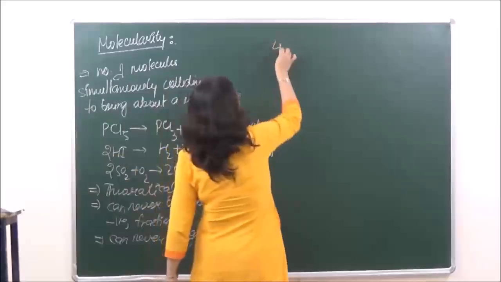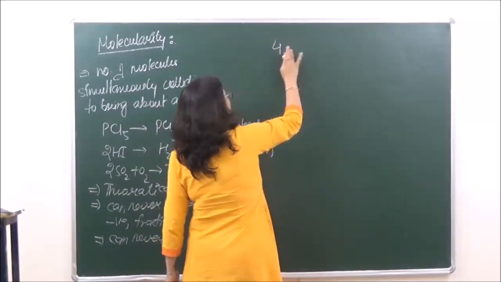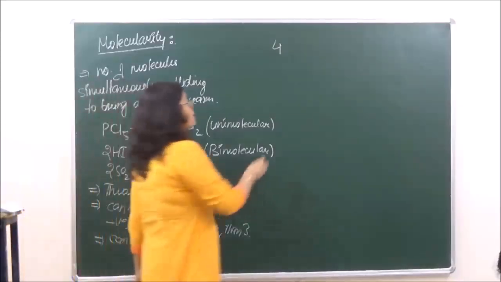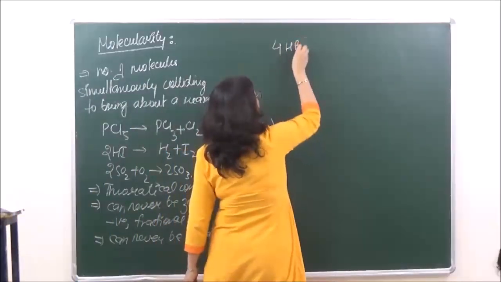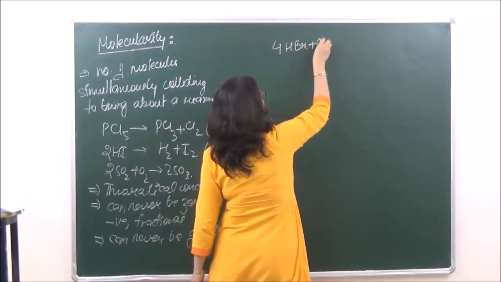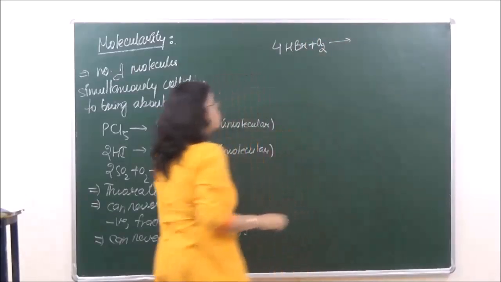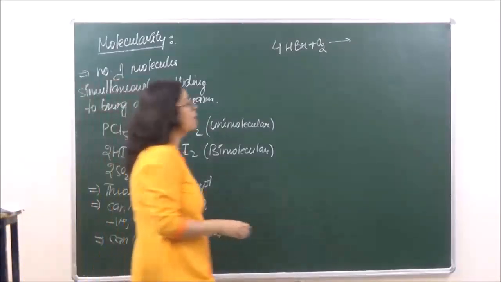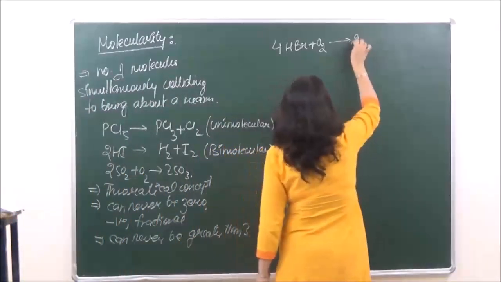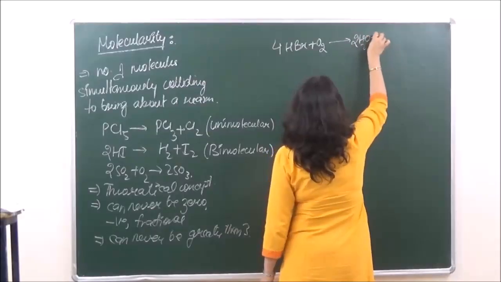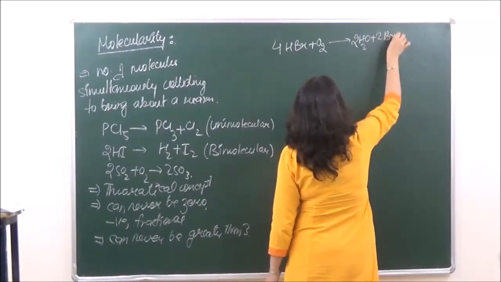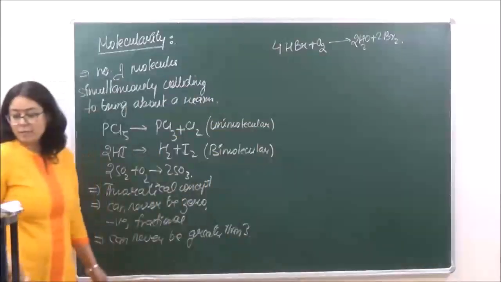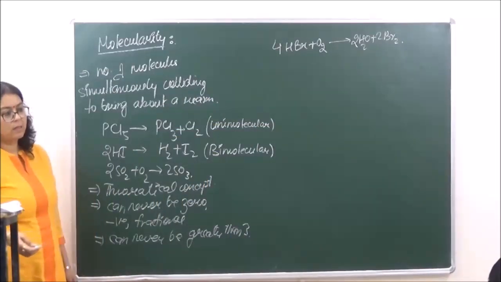For example, if you are taking a reaction between 4HBr plus O2 to give us 2H2O plus 2Br2. This is the reaction. In this case, as you can see over here, the molecularity appears to be 5, isn't it?